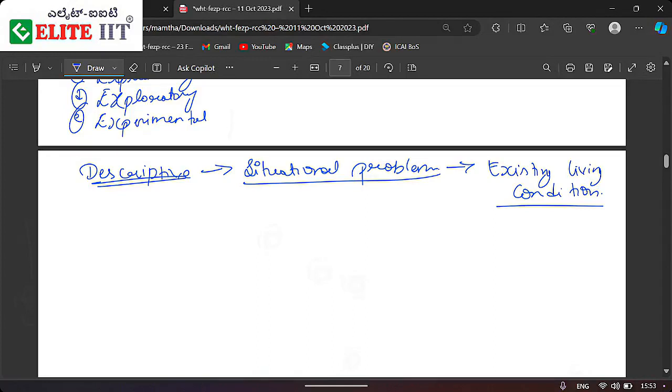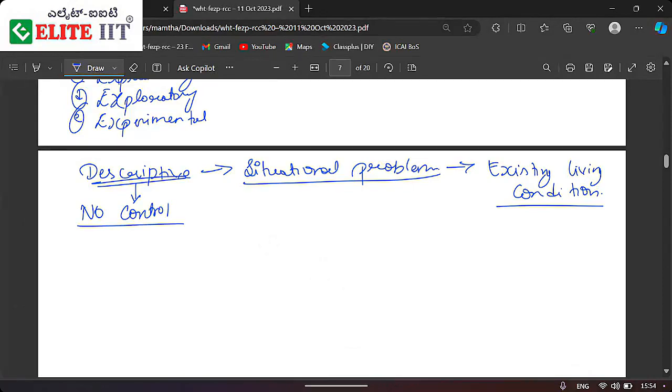Now, it basically includes fact finding or inquiring in a very detailed manner on the particular ideology. The major thing in descriptive research is that you will have no control on variables.